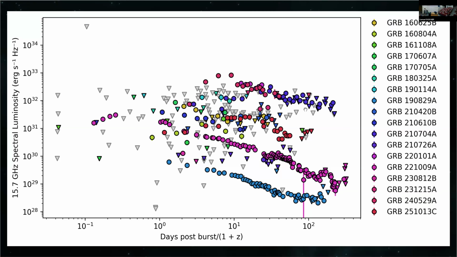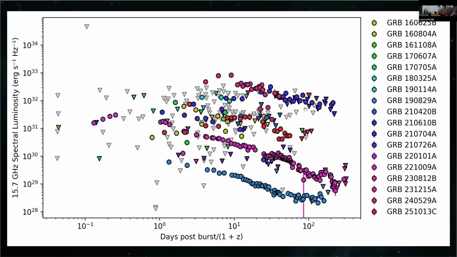This is actually just my last plot before my conclusions. So this is all of our events in luminosity space. You can see there's a huge range of luminosities here, spanning about 5 orders of magnitude, which is larger than what we see at optical and X-ray wavelengths. Again, this is because of what I was talking about earlier. We have these multiple emission regions evolving at different timescales.